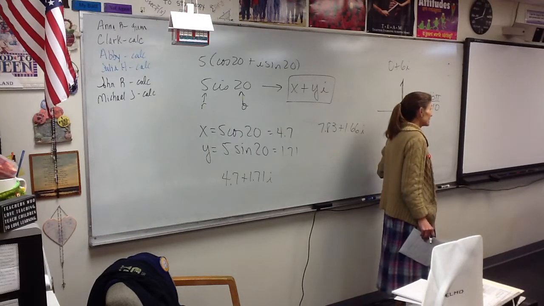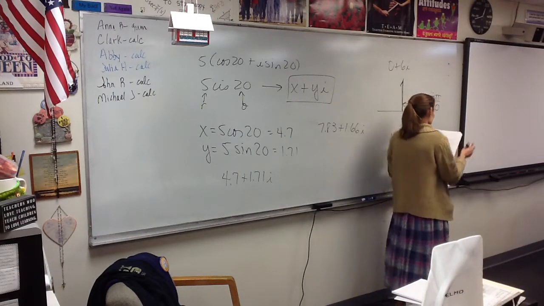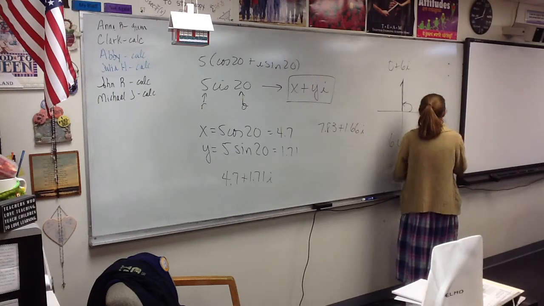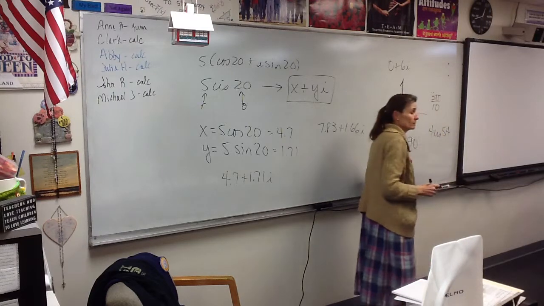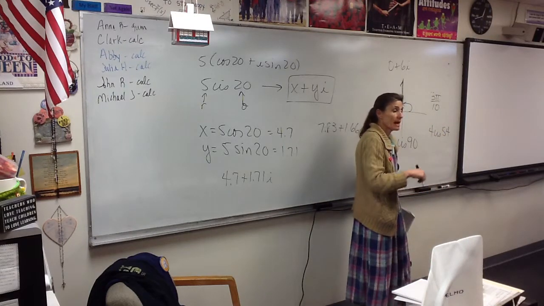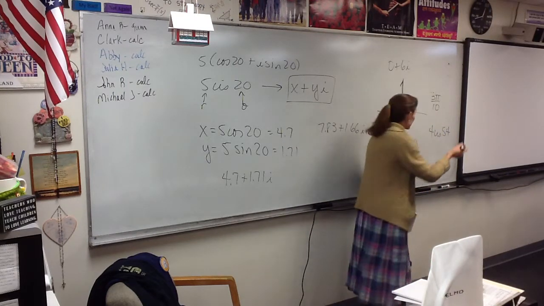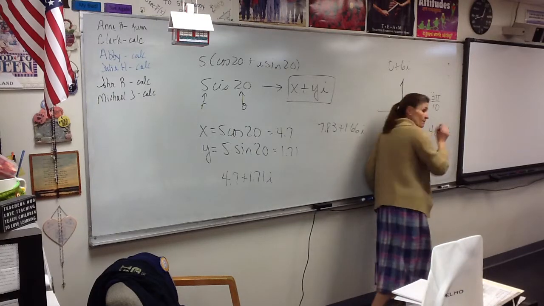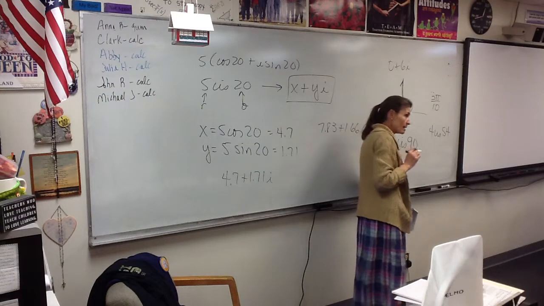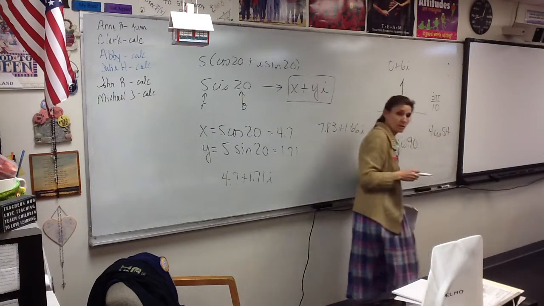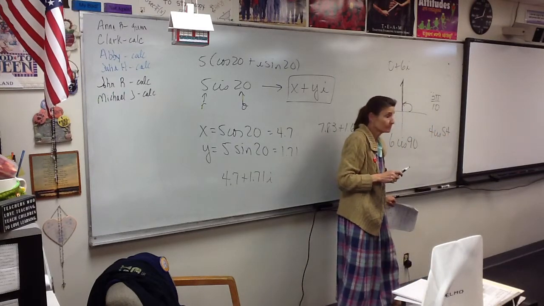Times 3 is 54. So that problem is really just CIS 54. And how do you find x? R cosine theta. 4 cosine 54. And how do you find y? 4 sine 54. Isn't it easy?